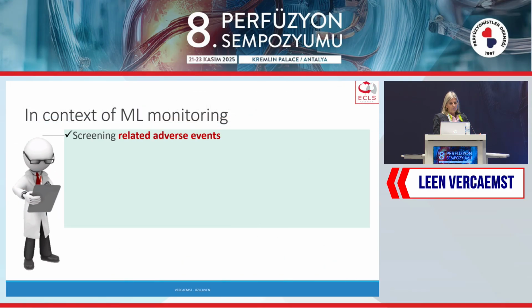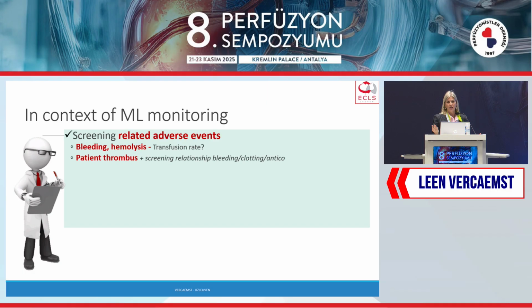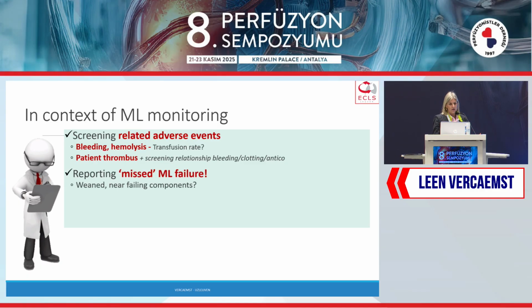So in the context of membrane lung monitoring, don't only monitor, like in the ELSA registry, your need for change out, but also the related adverse events, like bleeding, hemolysis, and circuit clotting. Patient thrombus, I know it's harder, maybe it's most often found via autopsy, but if you have any indication of thromboembolic events in the patient, please report.